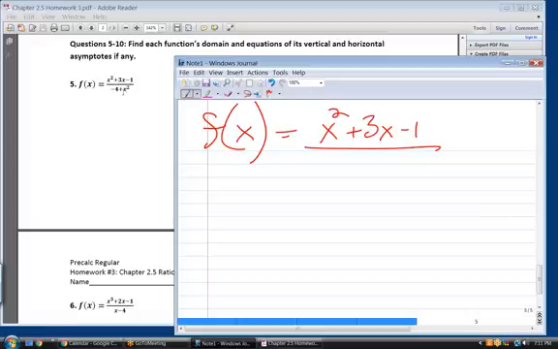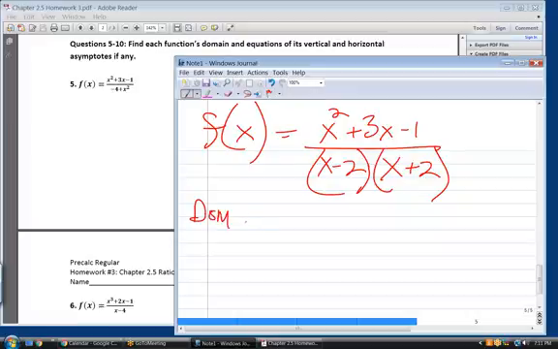They tried to fool us by putting the x squared out of standard form. Okay, so what's the domain? Notice that I can't cancel anything. How many vertical asymptotes do I have? Would we have 2? Correct. At 2 and at minus 2.